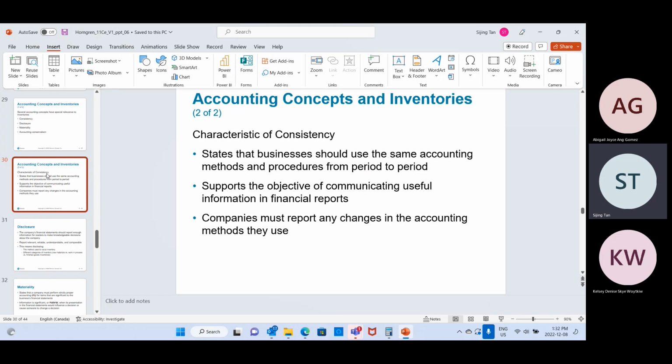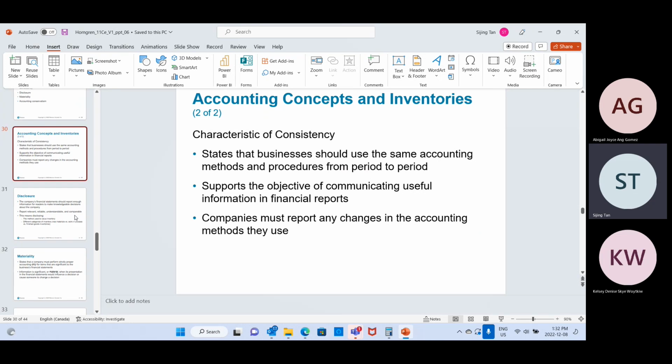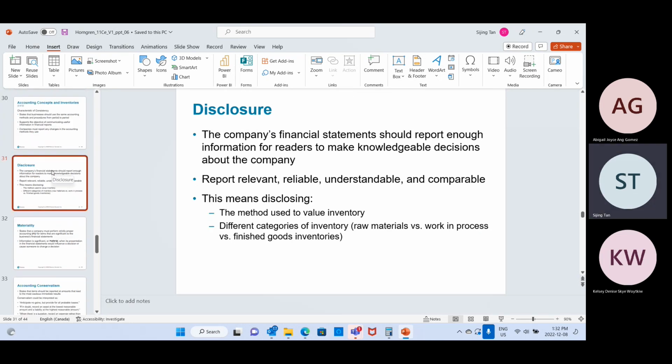You do not want a big company using, say, the perpetual inventory system in year one, and then in year two changing to periodic, right? So the consistency principle says companies must report any changes in the accounting method they use in the notes to the financial statements. And it suggests the business should use the same accounting method from period to period. The disclosure principle.